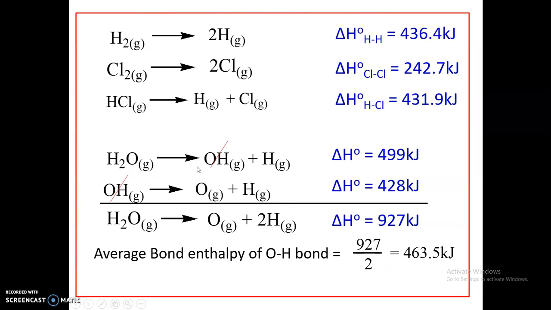Because to break all the bonds there are two steps, or the bond breaking process takes place in two steps, and therefore divided by 2, and it is equal to 463.5 kilojoule per mole, and this is the average bond enthalpy for water. So the average bond enthalpy for the OH bond is 463.5 kilojoule per mole.